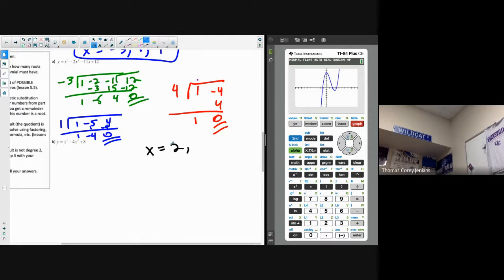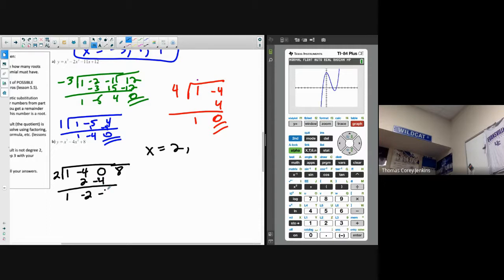So we know x equals 2, and again, we're going to use that fact to break this down, okay? So we're going to divide 2 into 1x to the 3, negative 4x to the 2. Remember your 0 for your x, and then 8. Bring down the 1, multiply, add, multiply again, that'd be negative 4.